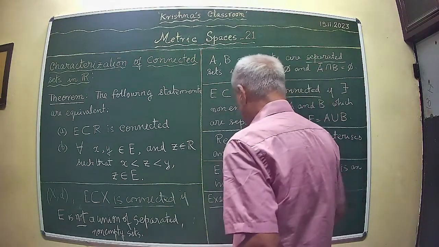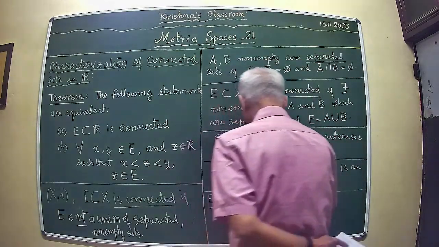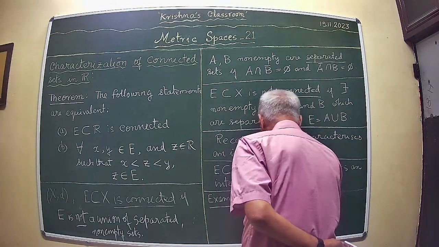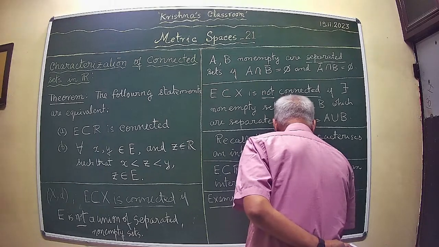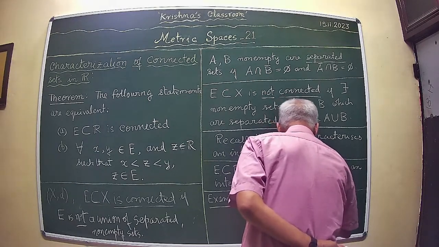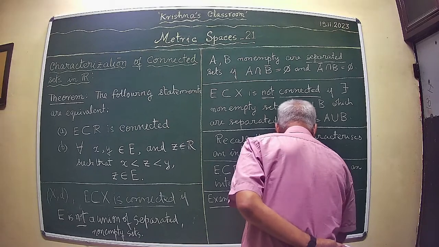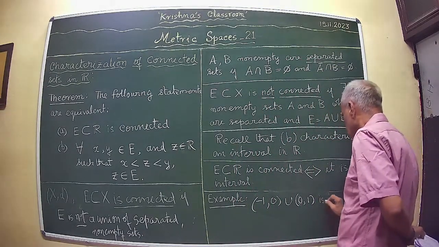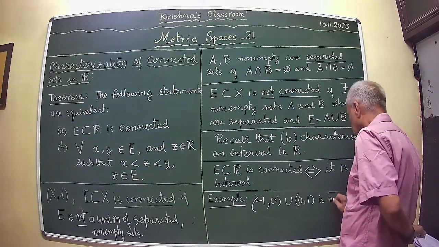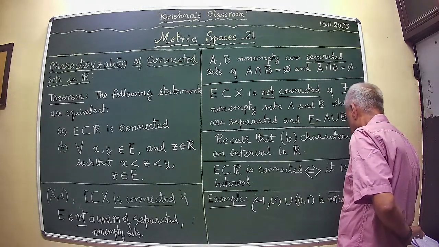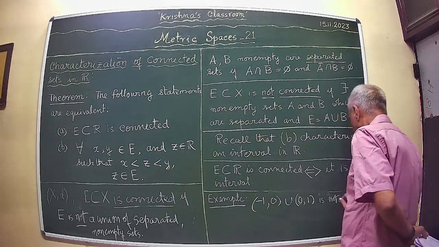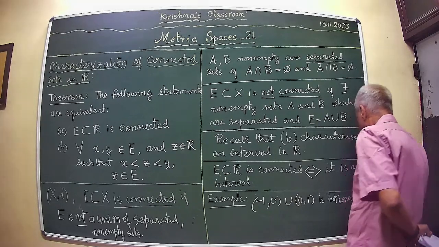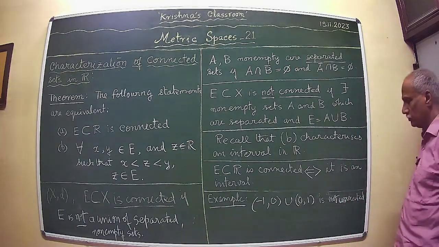Okay, let us take the following example. Minus 1, 0 union 1, 0, 1. This is not connected. Why?